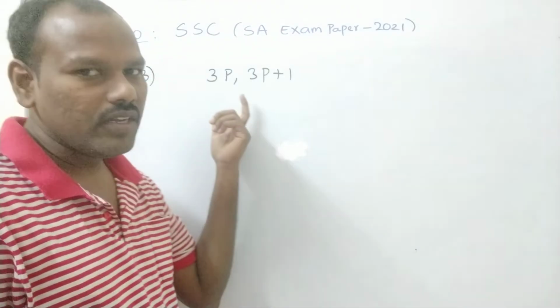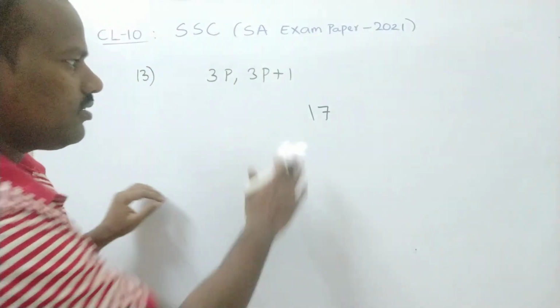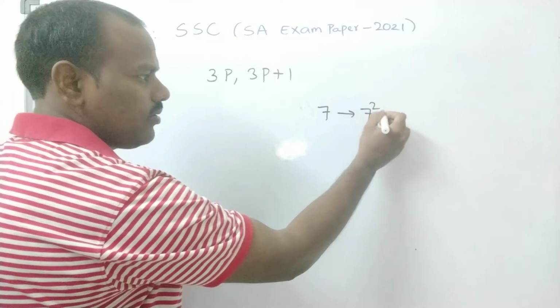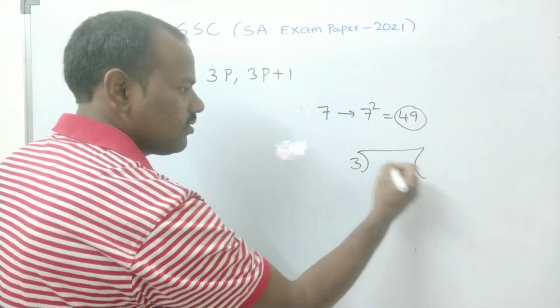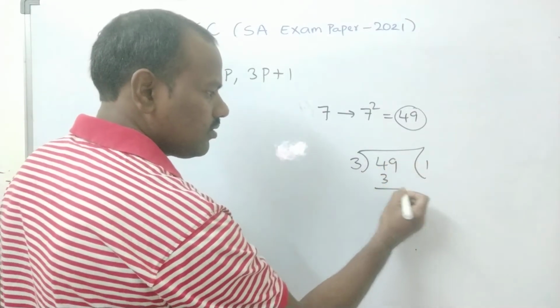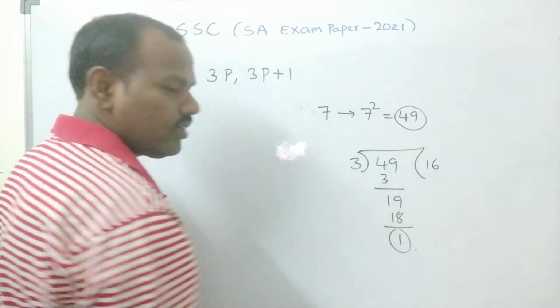Actually, what is the meaning of this? If you take 7, 7 square equals 49. If you divide this 49 by 3, 3 ones are 3, 1 carry, 19, 3 sixes are 18. So what is the remainder? 1 is the remainder.